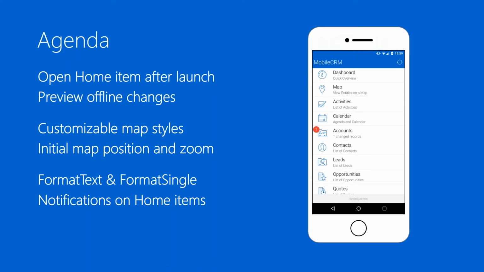Finally, I will go through additions in rules and JavaScript, most notably the way to format texts and modify home items and show notifications. So here you can see this little number right next to the icon. This is something that I will be showing as one of the last features today.